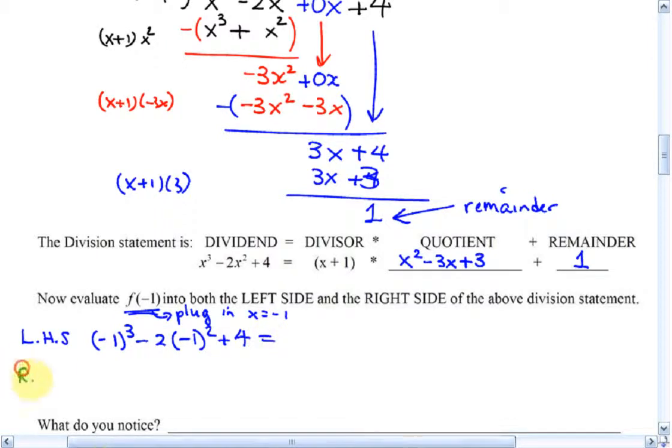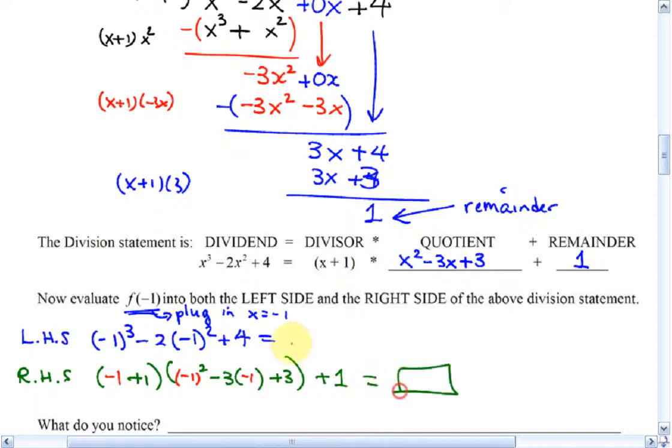And then I want you to do the same thing with the right-hand side, please. This one's a little bit more complicated because you've got this divisor of x plus 1. So negative 1 plus 1 times negative 1 all squared minus 3 times negative 1 plus 3, plus 1. I want you to evaluate this, and then let's see what you get.